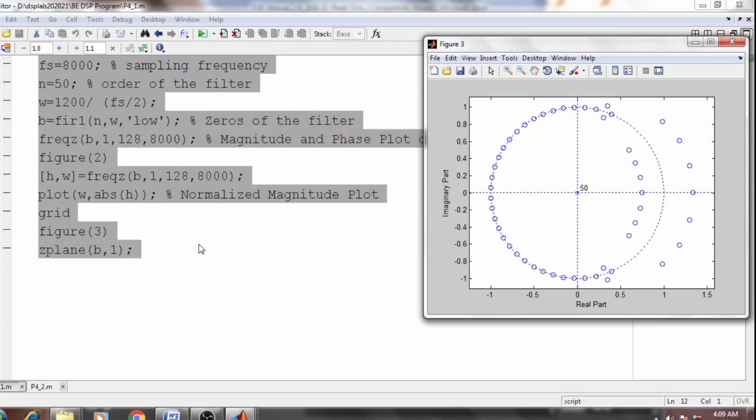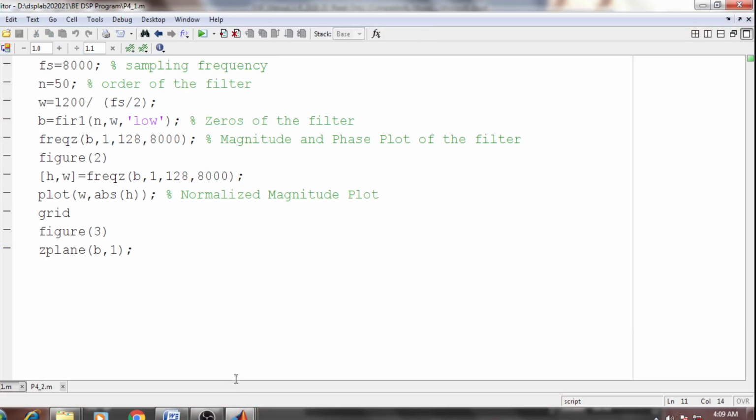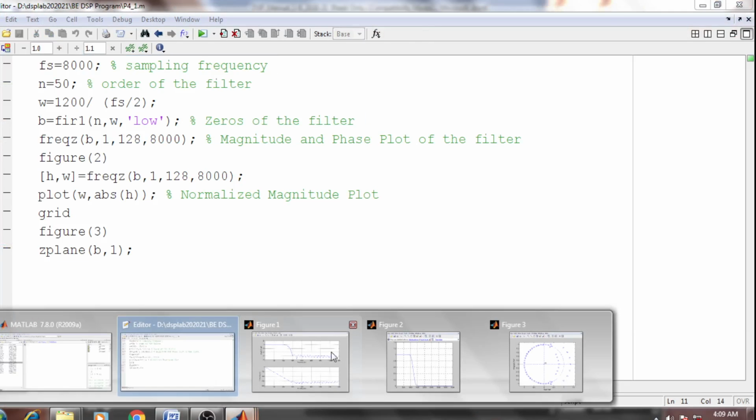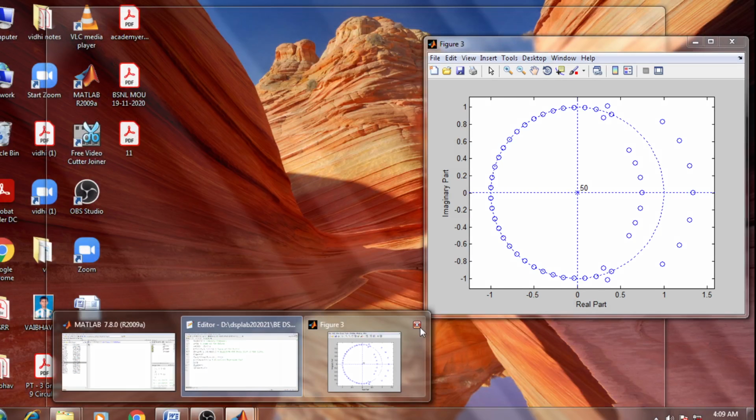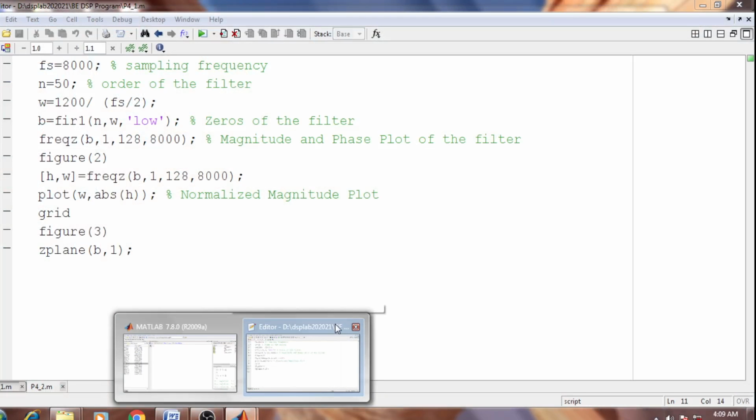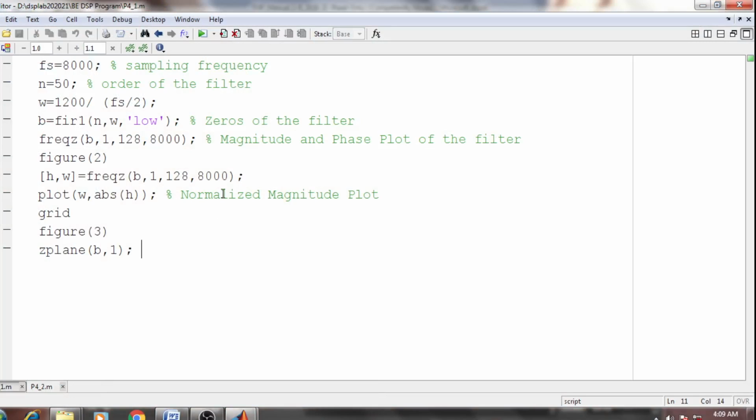So in this way you can see this experiment. Now I am closing all the figures. So this is about the low pass filter design.